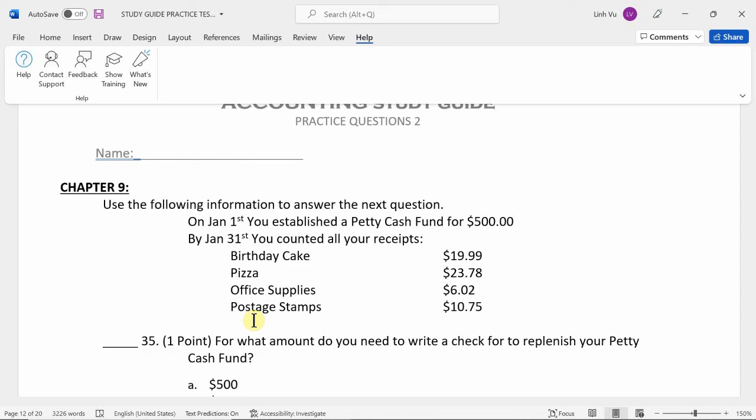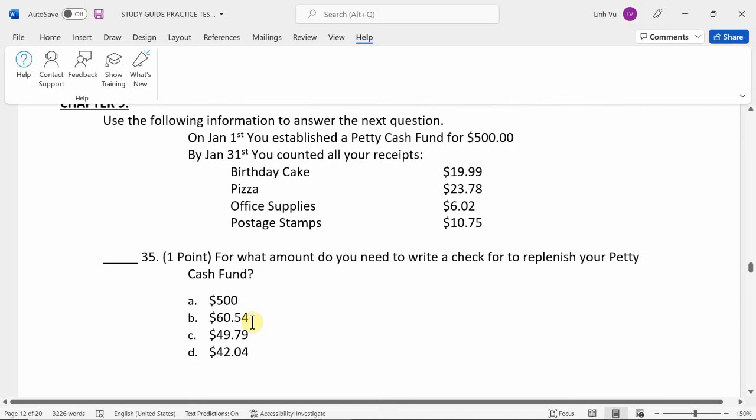By January 31st, you counted all of your receipts. So here is what you bought. You bought a birthday cake for $19.99. You bought pizza for $23.78. You bought office supplies for $6.02. And you bought postage stamps for $10.75.